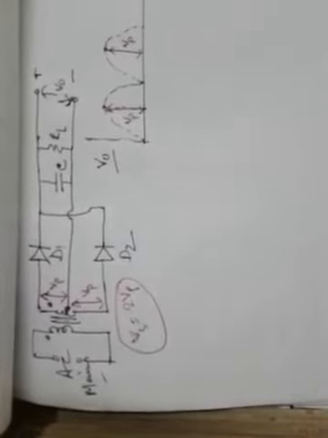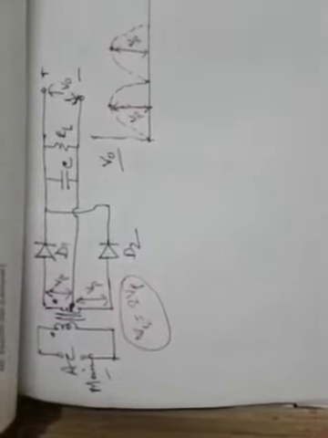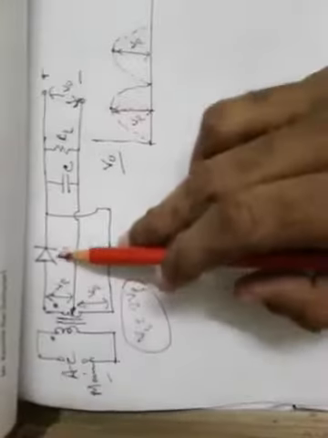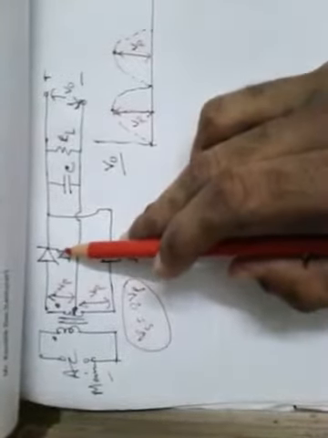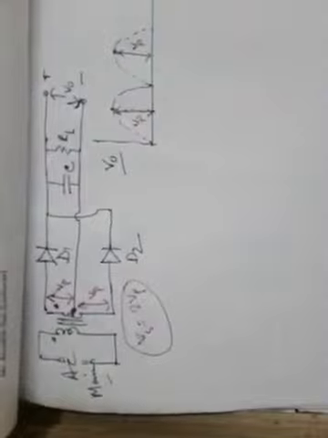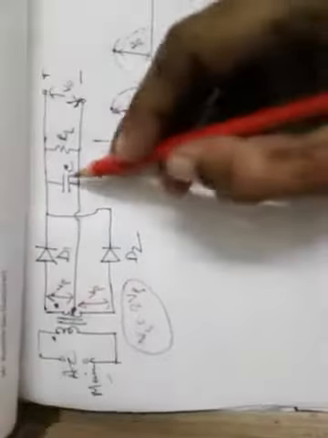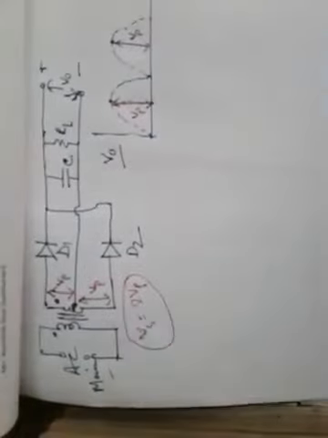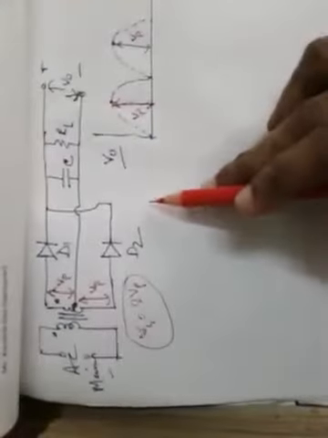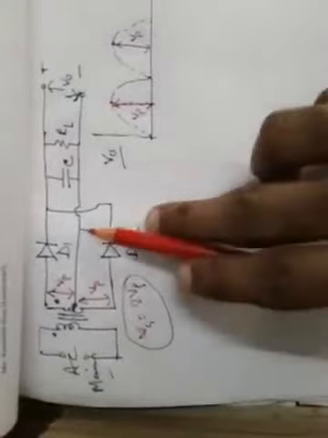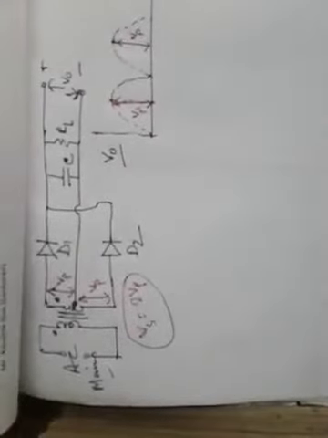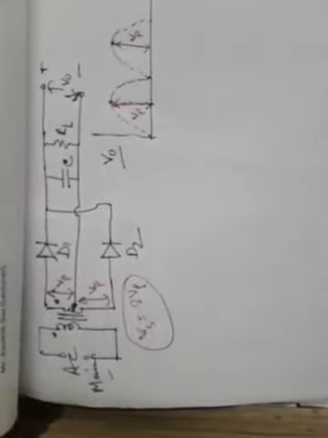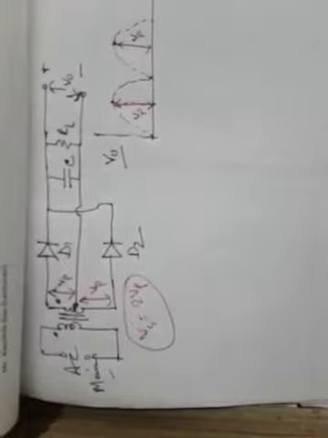So let us assume that at any particular instant of time, the diode D1 is conducting and the filter capacitor is charging. This capacitor is charging through D1. The conduction of the upper diode, and charging of the capacitor, will continue until the input signal attains the peak value.